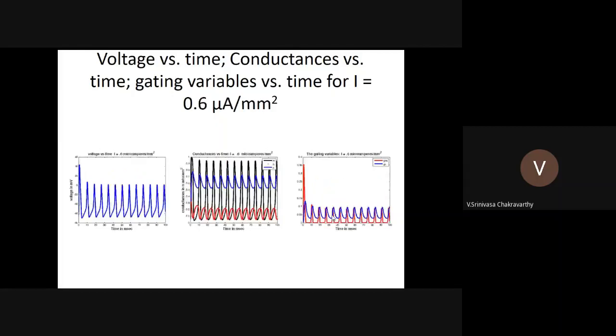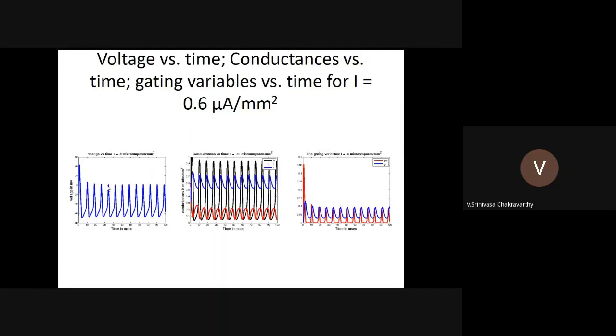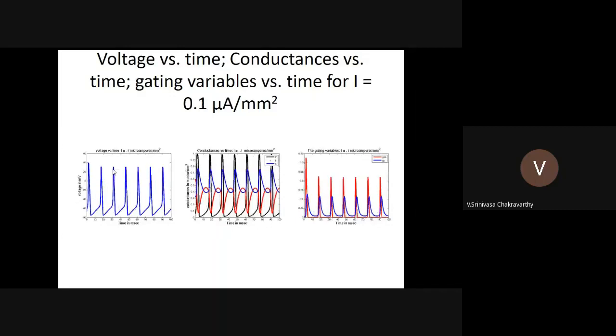Now, as you increase the input current further, the firing rate increases slightly. It doesn't increase a whole lot, but you can also notice that the maximum voltage to which the action potential goes starts decreasing. Here, the maximum voltage went up to plus 30 millivolts.